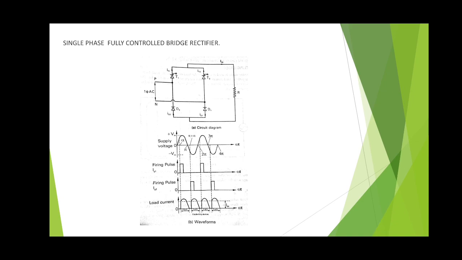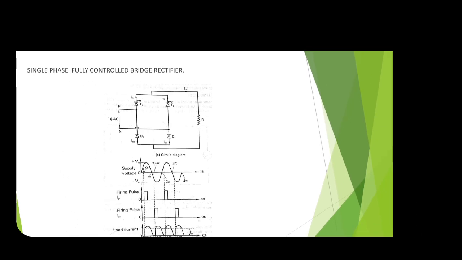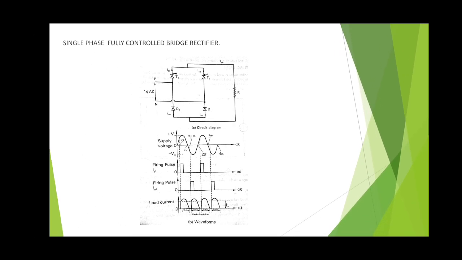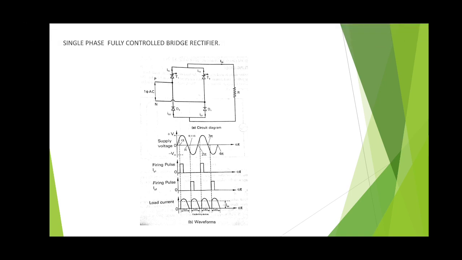The circuit diagram and waveform are shown. We observe that here 4 SCRs are used: T1, T2, T3, T4. The load is a resistive load, so the bridge circuit is constructed in this diagram.